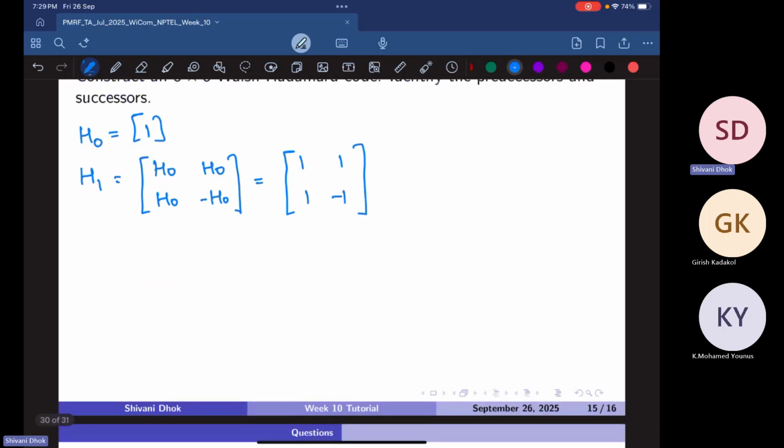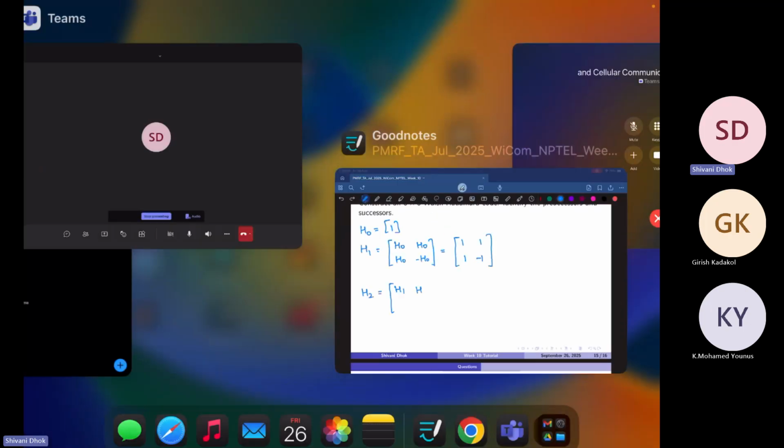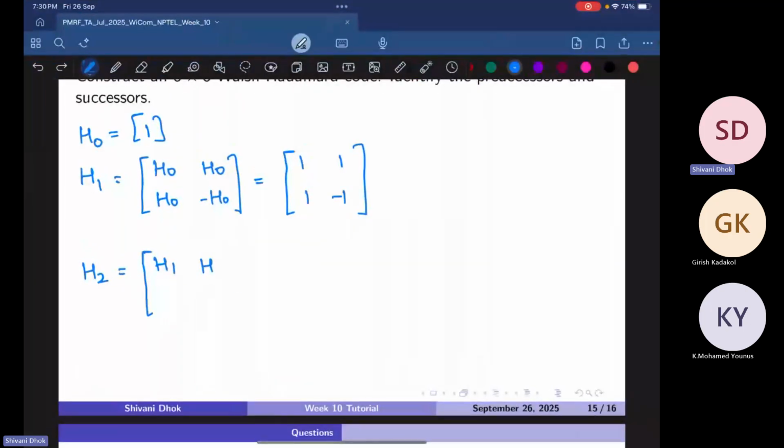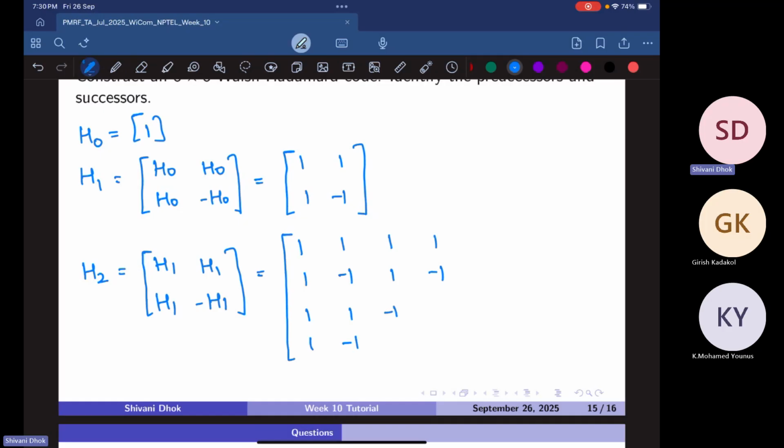Now this H2 is nothing but H1, H1, H1 and minus of H1. So this comes out to be equal to 1, 1, 1, minus 1. Then we have 1, 1, 1, minus 1. Again H1 repeated, 1, 1, 1, minus 1. And then we have minus 1, minus 1, minus 1, 1.